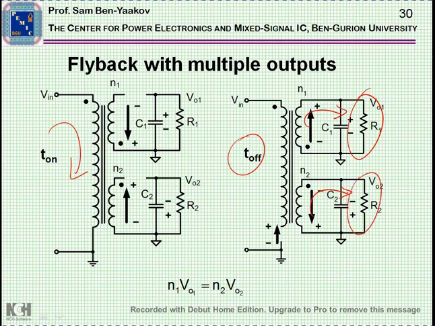Now, since again the voltage ratios are the same here as in a regular transformer, the relationship of the voltages of V out 1 and V out 2 is like the ratio of the number of windings. It should be V out 2 over V out 1 is N2 over N1, and not as printed here by mistake.